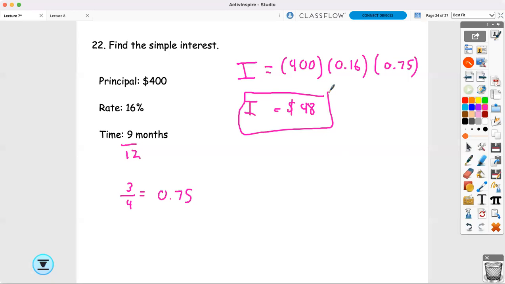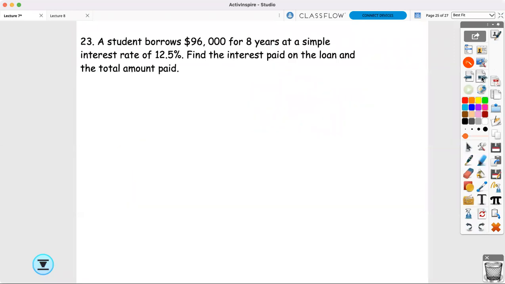Anyone need more time to copy this down before I move on? All right, moving on. Give you a few moments to write it down.